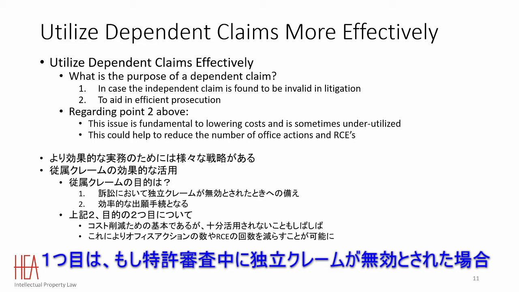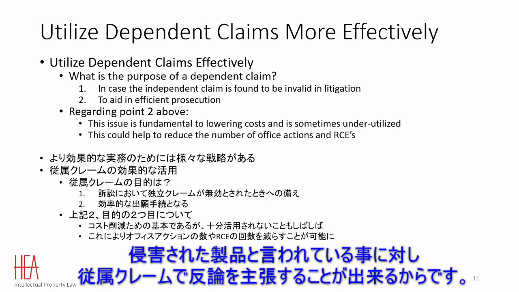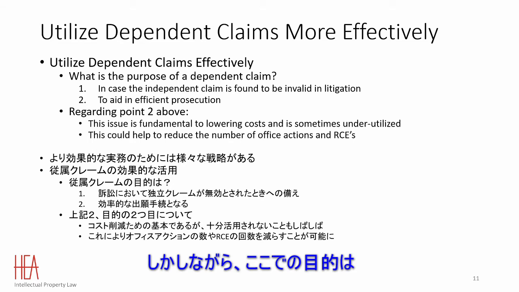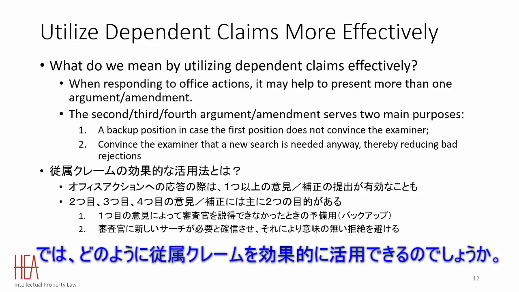The first reason is that if our independent claim is found invalid during patent prosecution, we can fall back to our dependent claim and we can assert the dependent claim against the accused infringing product. But for our purposes in this discussion, a dependent claim can also really aid in patent prosecution and reducing the number of RCEs filed in the case.